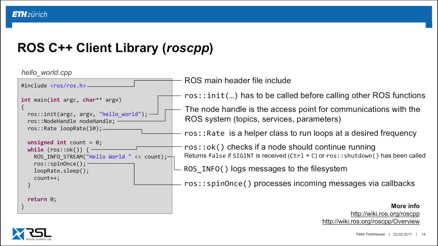This is done via callbacks, and we'll see that also when we talk about subscribers and publishers. Spin once means just go through the current list that you have and work through it. And then in the end, your loop rate, the one we defined on top, sleeps 0.1 seconds, and then increases the counter, so it increases the number at 10 hertz and prints hello world with the number to your console.